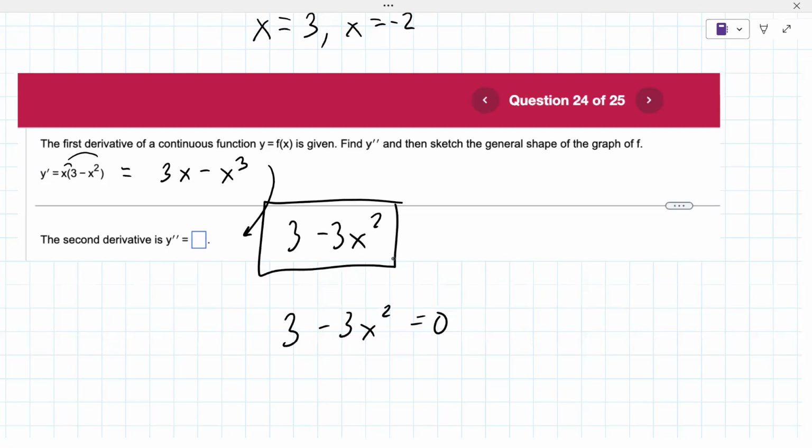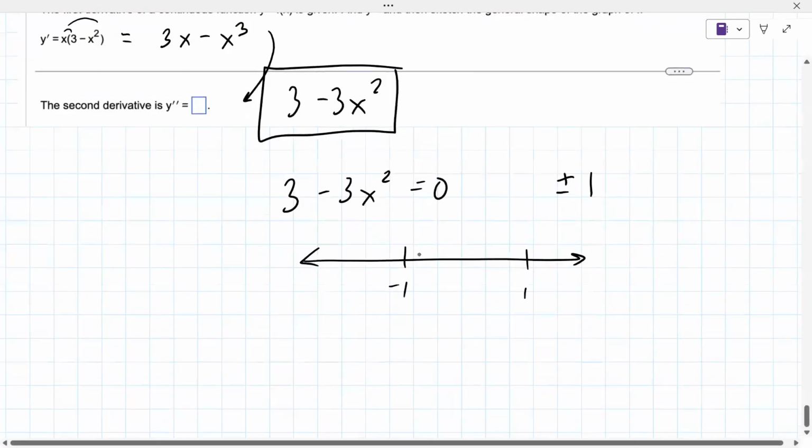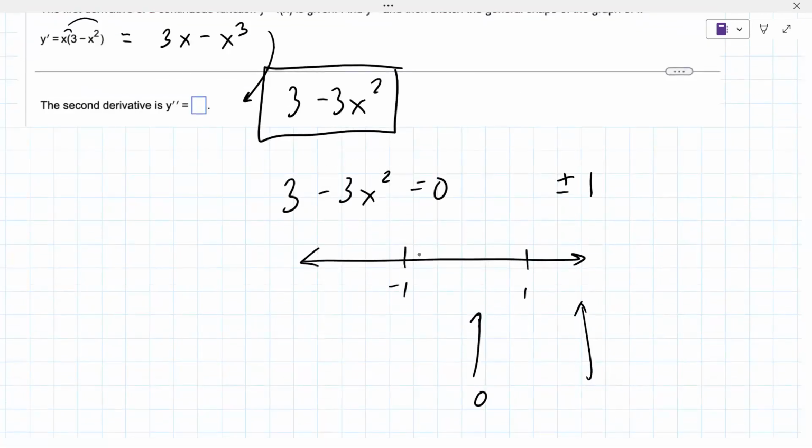Would it be plus or minus 1? Plus or minus 1. Now we should make a sign chart though. So -1 and 1 like that. And then 0, 2, and then -2 like that.